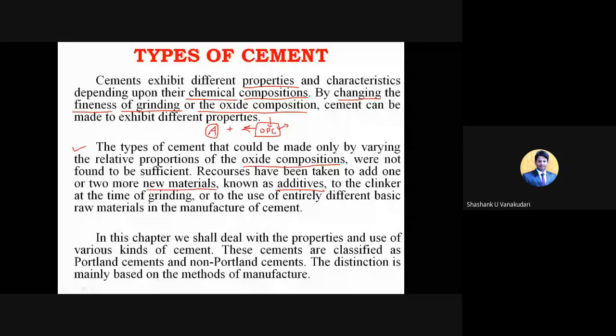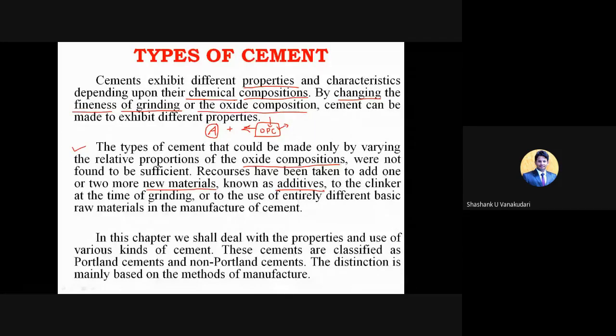So once it comes out as clinker, we are going to add 2 to 3% gypsum by weight of the cement to the clinker. Along with the gypsum, we are going to add some more additives, I mean extra materials, just to change the property of the original cement. Okay.